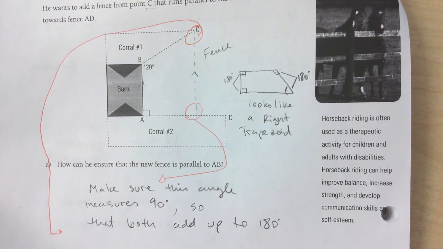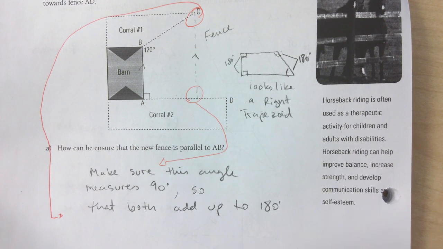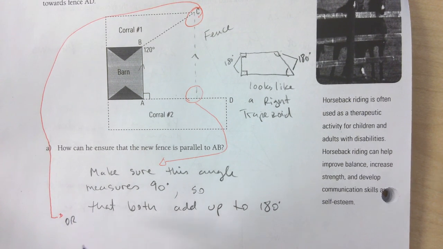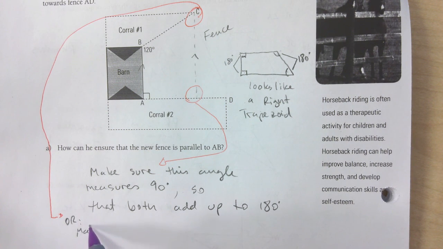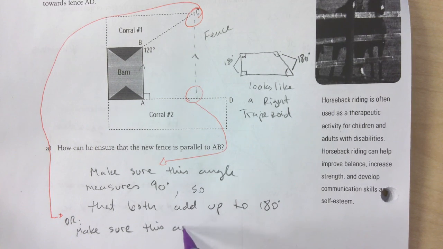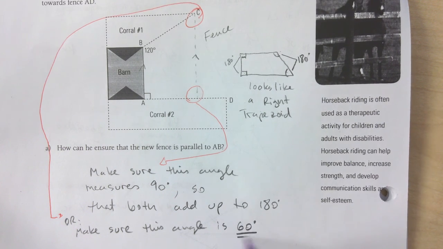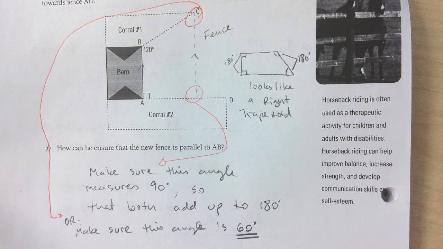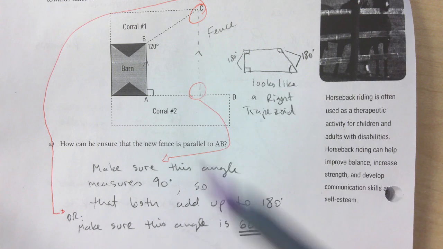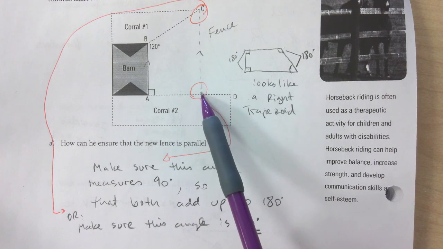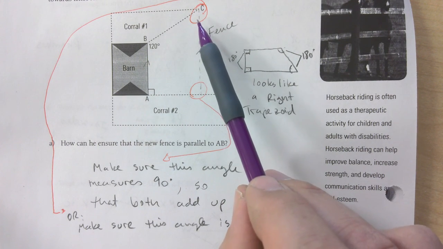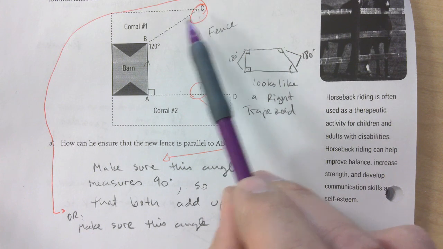And right here, we're going to say or, make sure this angle is 60 degrees. So you could have either made sure this is 90 here, or you make sure this one up here is 60.